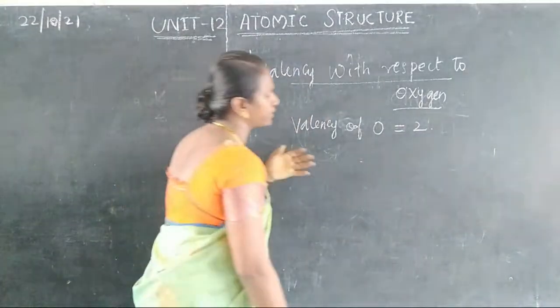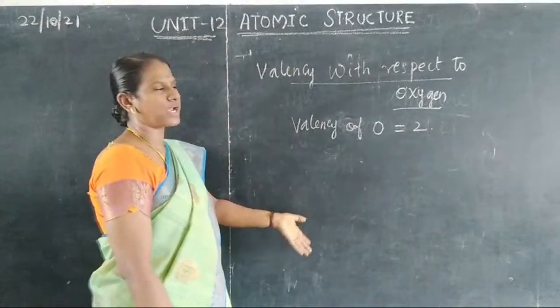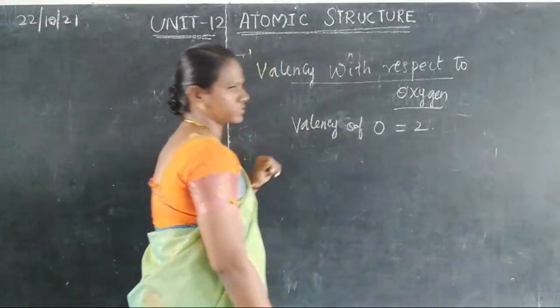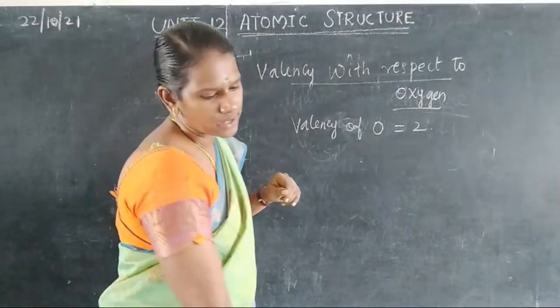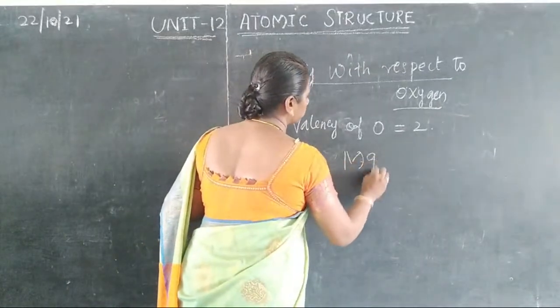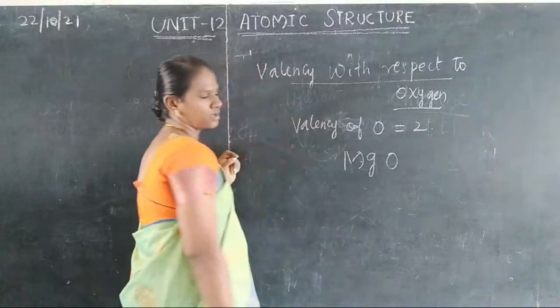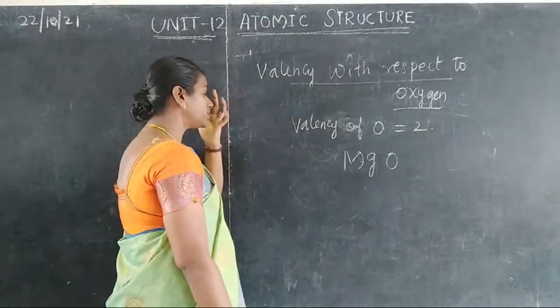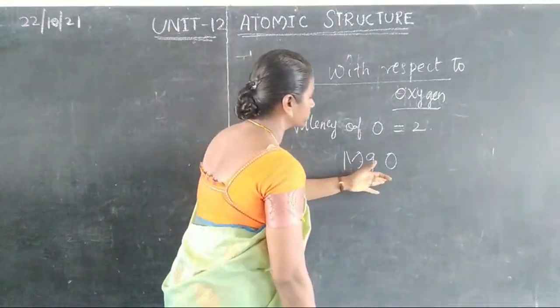How can we determine the valency of other atoms when they are attached with oxygen? For example, here we are taking magnesium oxide, MgO. Here the valency of both magnesium and oxygen is 2.